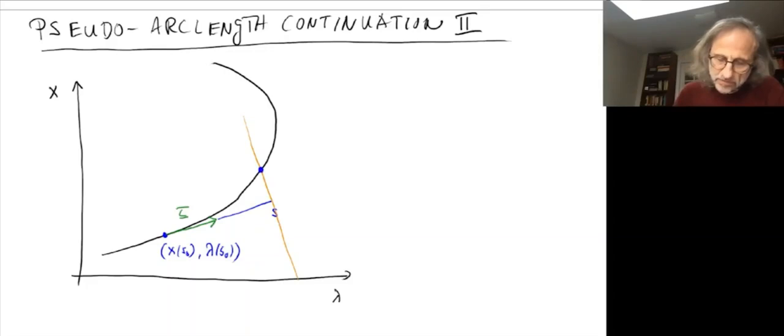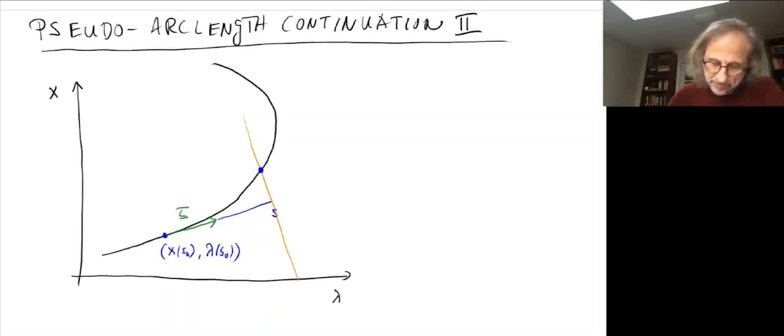So we're going to do the following steps. We're going to calculate the tangent, and then we define the equation for the plane that's perpendicular to the tangent at this distance s, and then we solve that equation simultaneously with the equation for the branch.